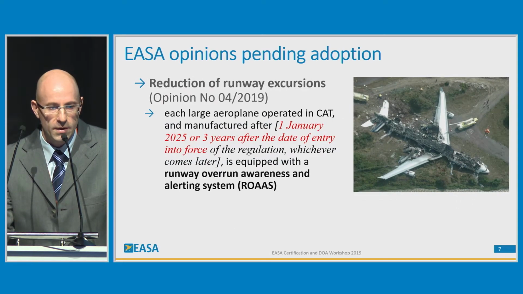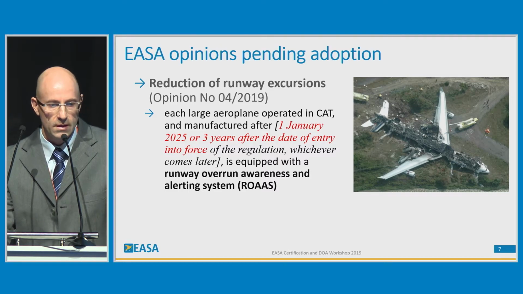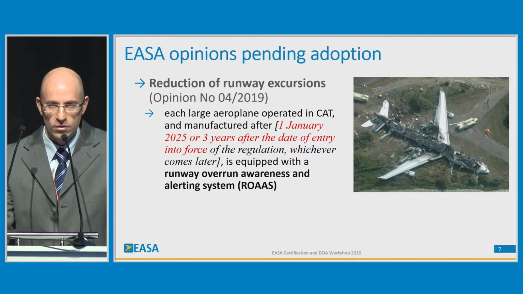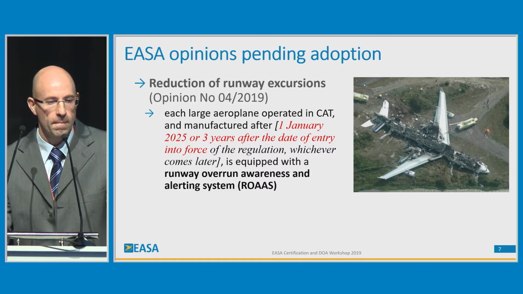The second topic, which is part of the last opinion that we've just issued in October, is the reduction of runway excursions. Runway excursions is one of the two top safety items that is regularly identified in our annual safety review.